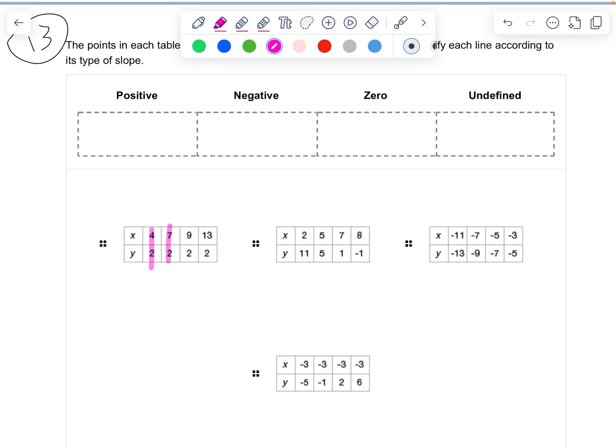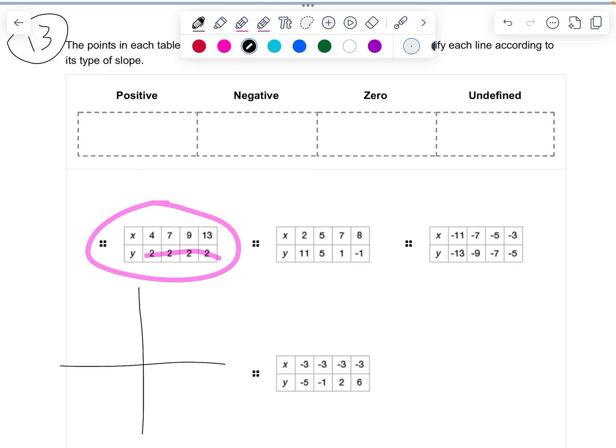Well, I want you to look at this first one, though. You don't need to do that. This first one right here, the y is 2, no matter what. So no matter what, it goes through the point y equals 2. If I have a graph, I want you to imagine you have here 1, 2. Here's y is 2.